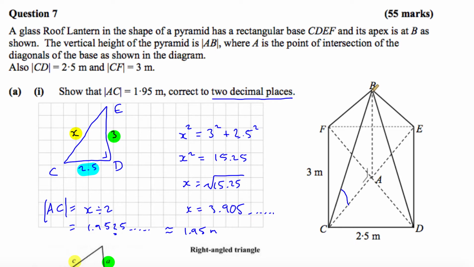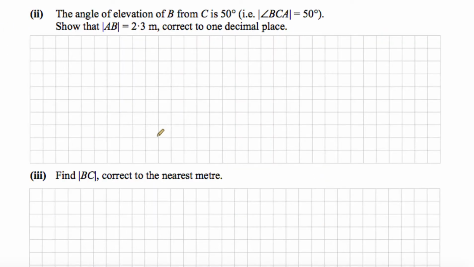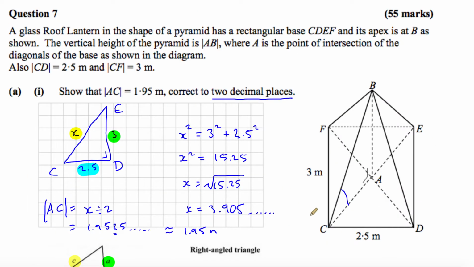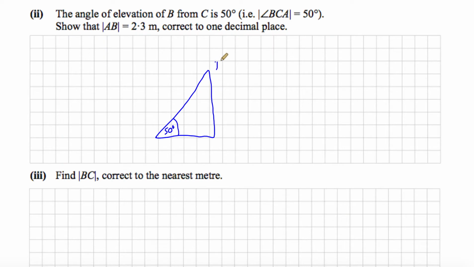If you can imagine the triangle BCA, we're going to draw that triangle now, the triangle BCA. So if I draw the triangle BCA, this is our angle here that's 50 degrees. I'm looking at the triangle flat now. So it's B, C, and then A. So we have to show that AB, this here, is 2.3.